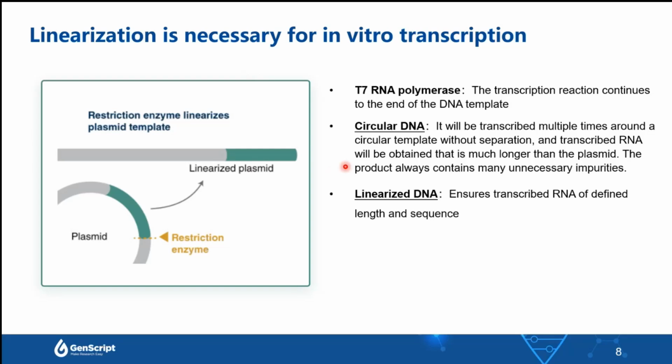Because if we still use circular DNA, it's like there is no end for transcription, so the length of the mRNA is different. And it means we will get unnecessary impurities. But linearized DNA can ensure the transcribed RNA has defined length and sequence.